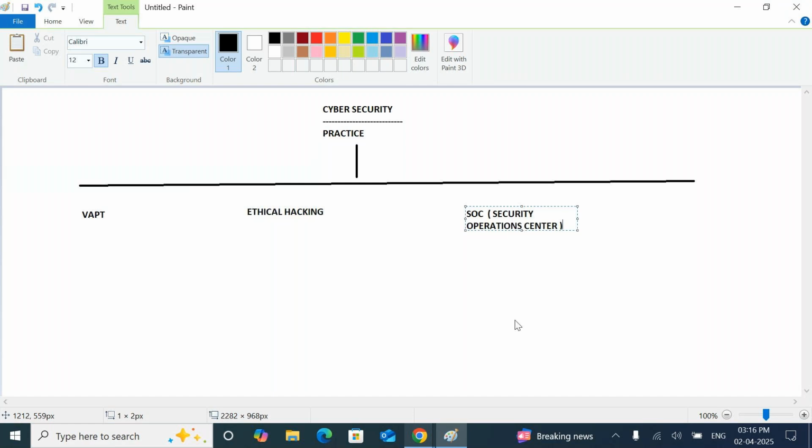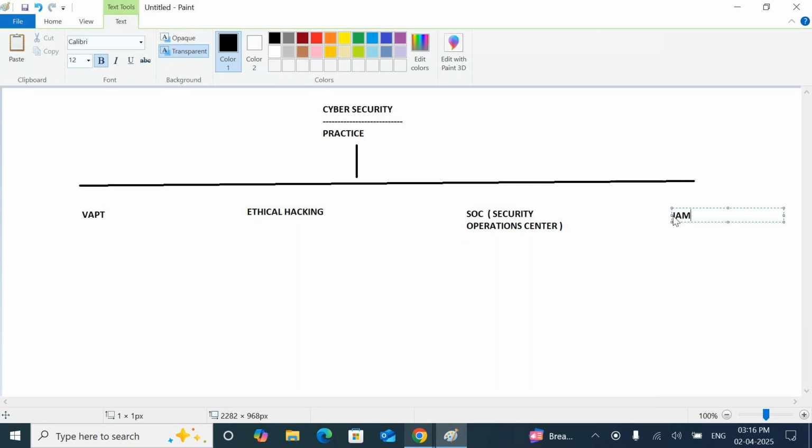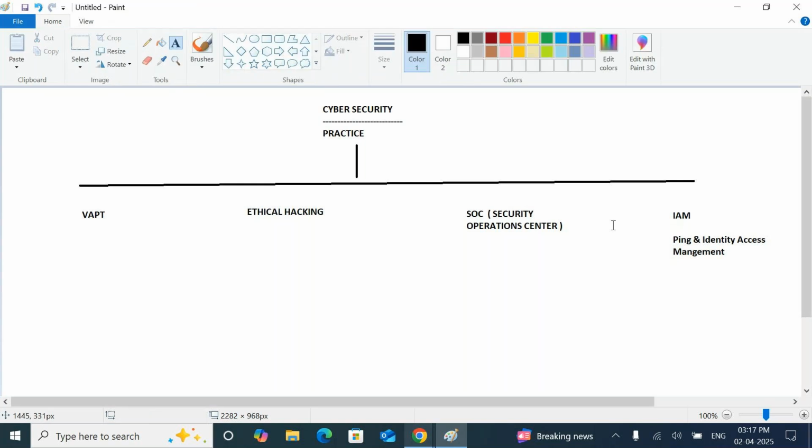The fourth module is IAM, identity access management. There are multiple modules as we discussed, but the most important modules in the cybersecurity practice are VAPT, ethical hacking, SOC analyst, as well as IAM, identity access management.